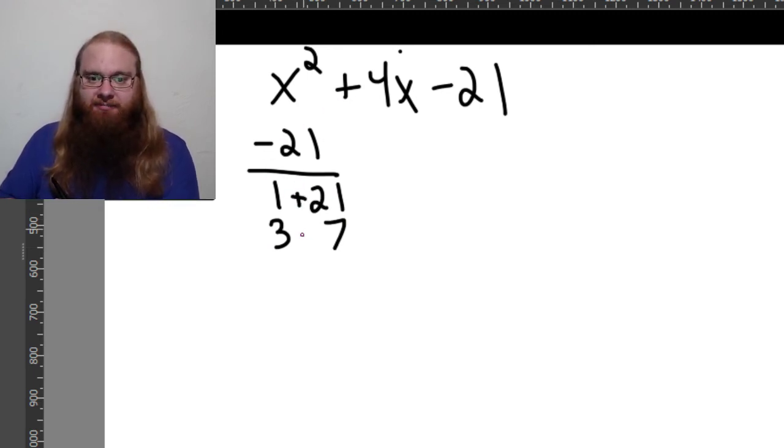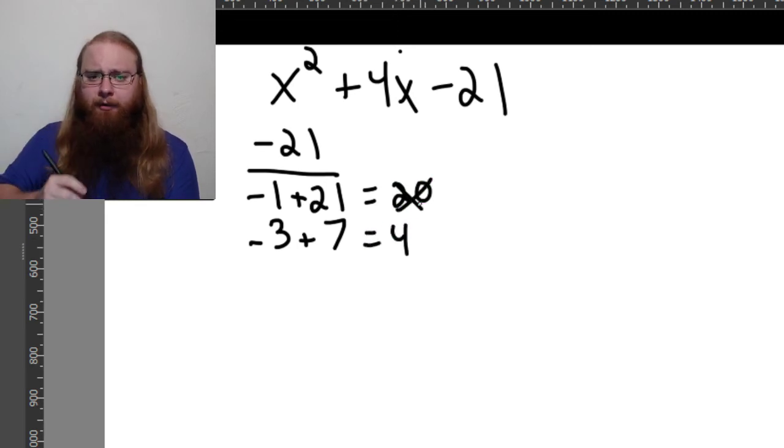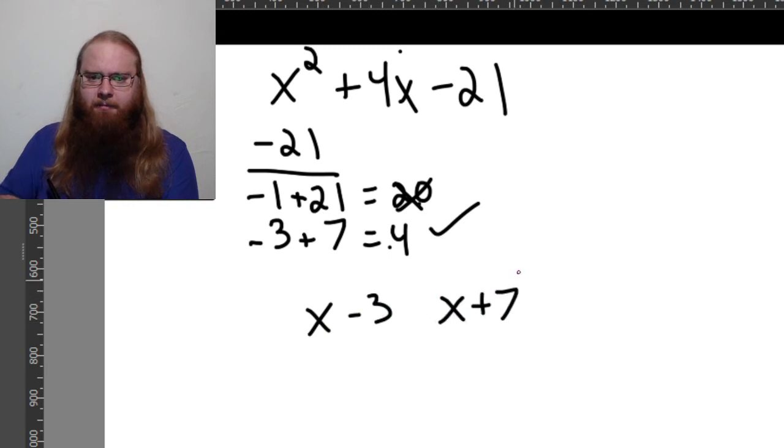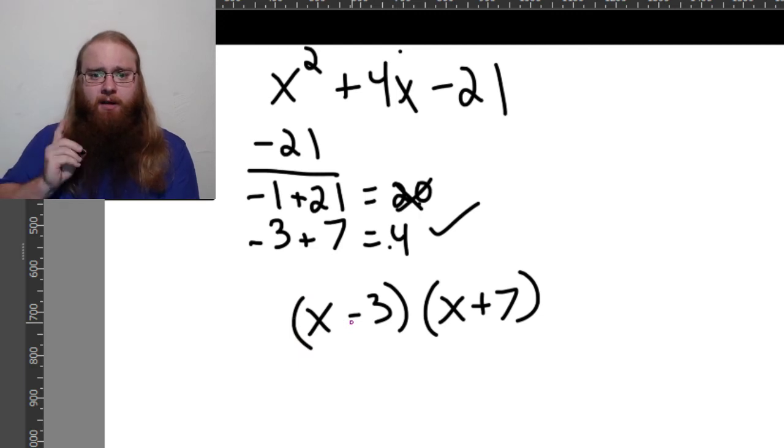Our bigger number is positive, our smaller number is negative. So we're going to get 20 or 4. Notice 20 or 4. The only one we're looking for is 4. So our answer is going to be x minus 3 and x plus 7. Simple enough.